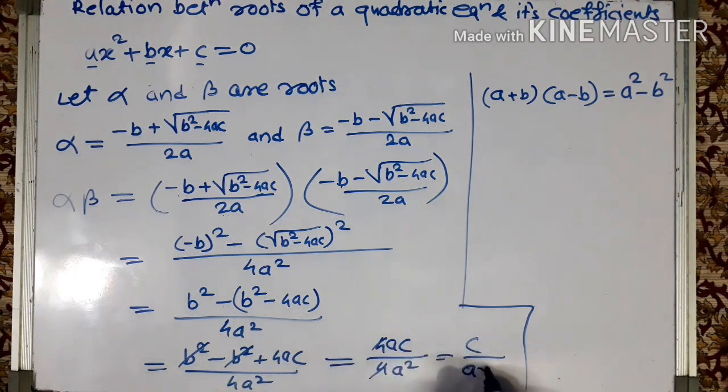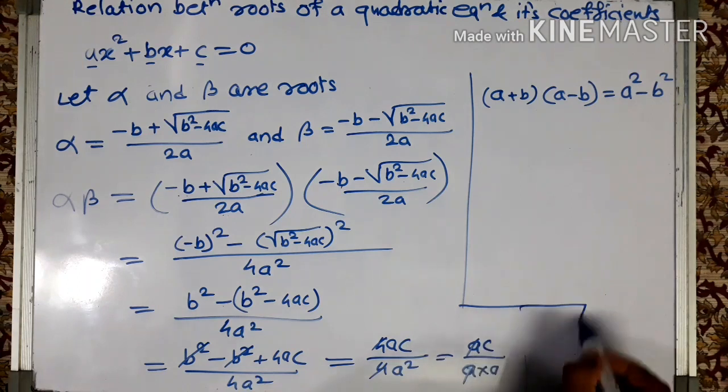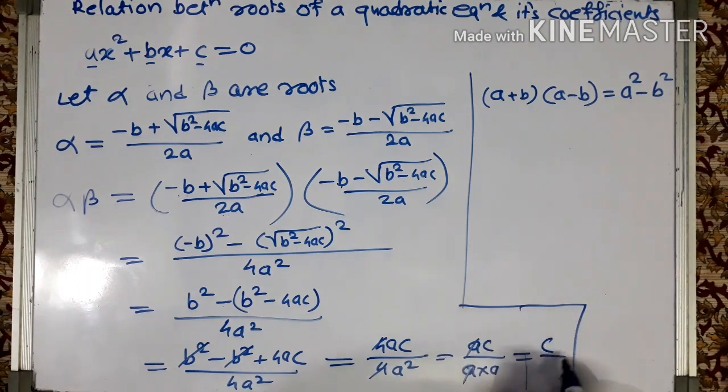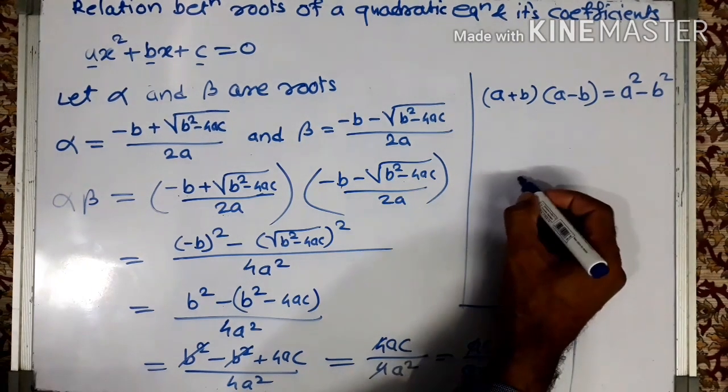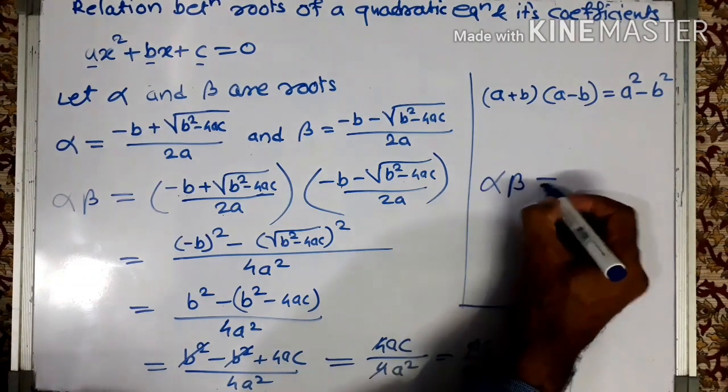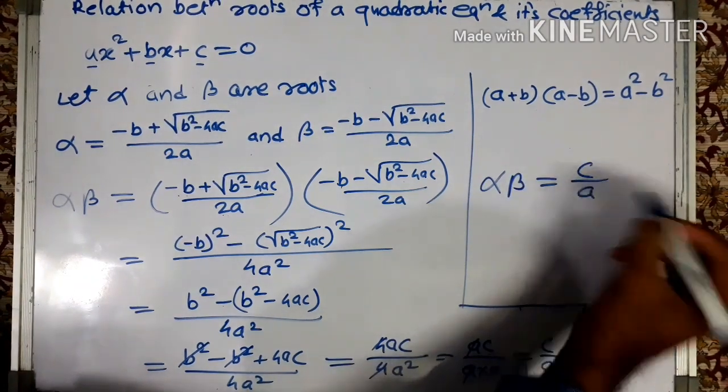A square means a into a, and the numerator is ac, here a is cancelled, so c upon a. That means the relation is alpha into beta equals c upon a.